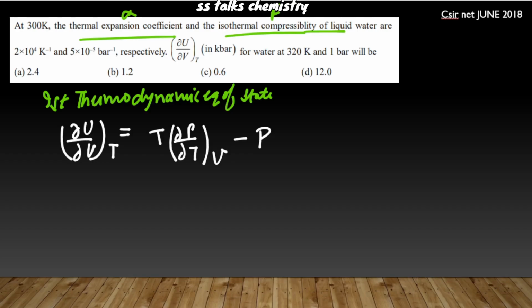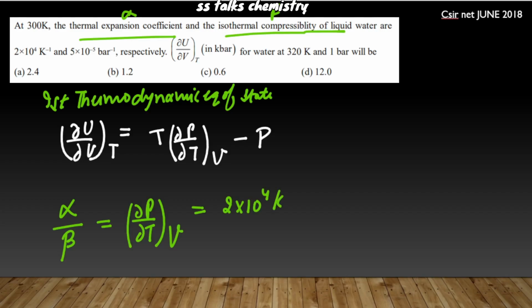Now we need the value of this del P by del T at constant volume. If you take the ratio of this alpha and beta values, this is nothing but del P by del T at constant volume only. The values we have are 2 into 10 to the power of minus 4 Kelvin inverse upon 5 into 10 to the power of minus 5 bar inverse.